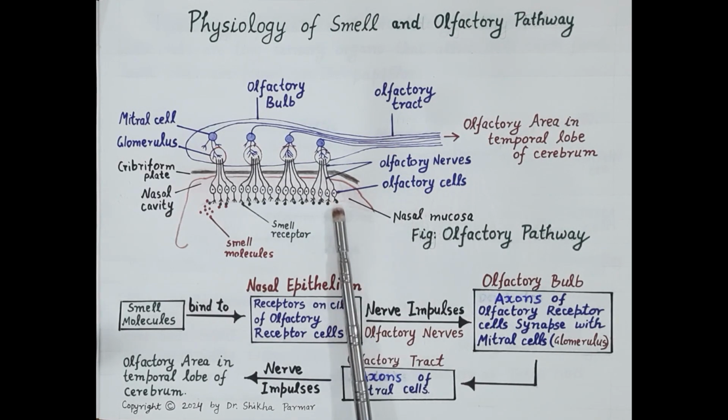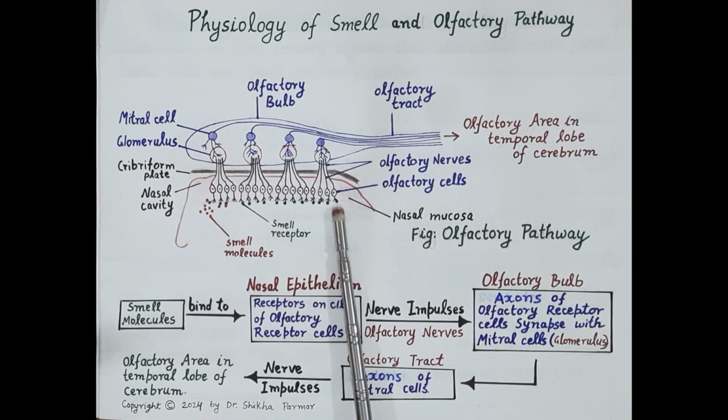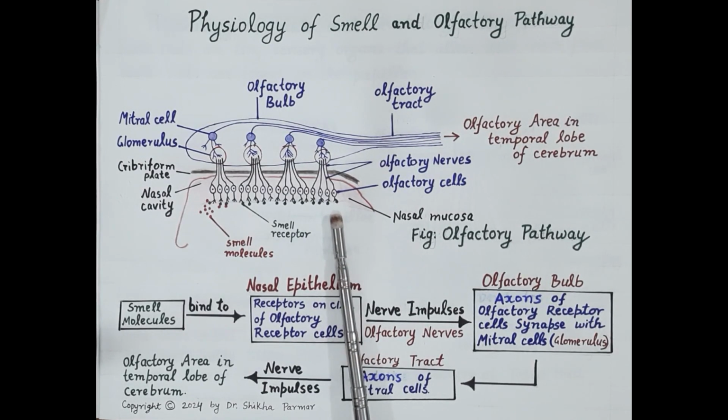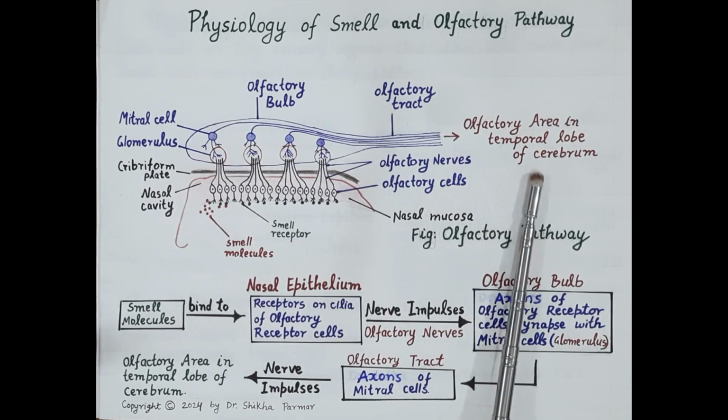Now these cells are activated by odorous substances, and these olfactory cells convert the odor or the smell into nerve impulses, and these nerve impulses are then carried to the cerebrum, that is to the brain, where smell is perceived and recognized.